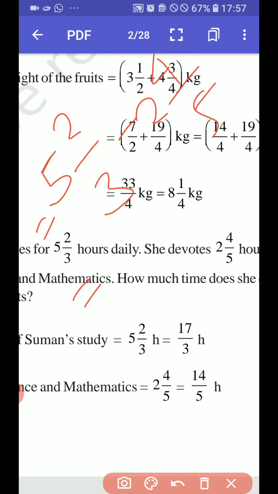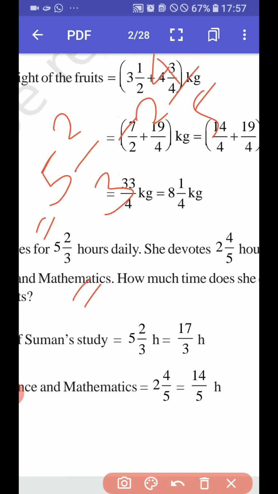Now 15 will be the LCM. 3 fives are 15, and 5 into 17 is 85, minus 5 threes are 15, and 14 times 3 is 42.